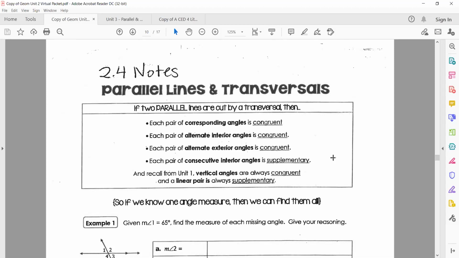That's the only one that's supplementary. It also reminds you below here that a linear pair is always supplementary. So what does a linear pair look like?